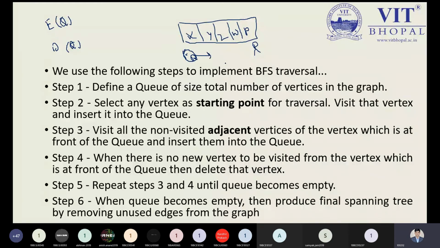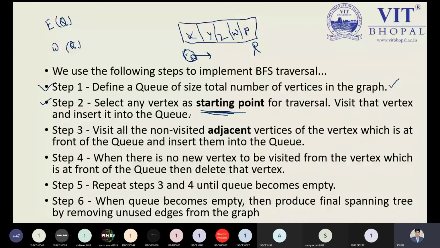Now if it is clear to all, then we need to understand the algorithm in a very easy way. In steps 1 to 6, step number 1: define the queue size as the total number of vertices in the graph, as I told you a few minutes ago. Step number 2: select any vertex as the starting point. Unlike the previous example, you can pick any vertex, it depends upon you.